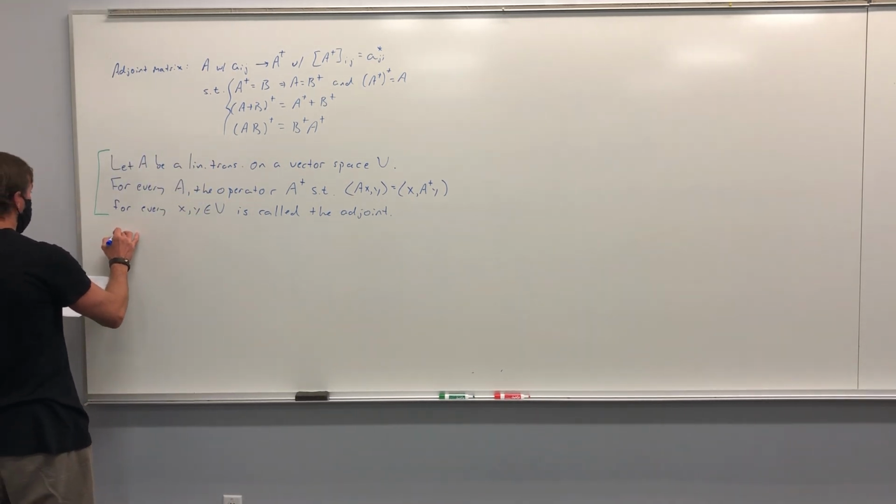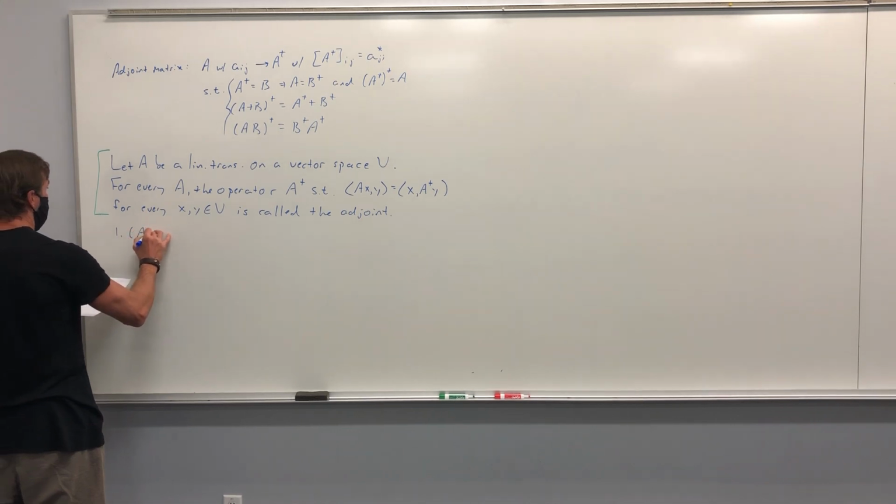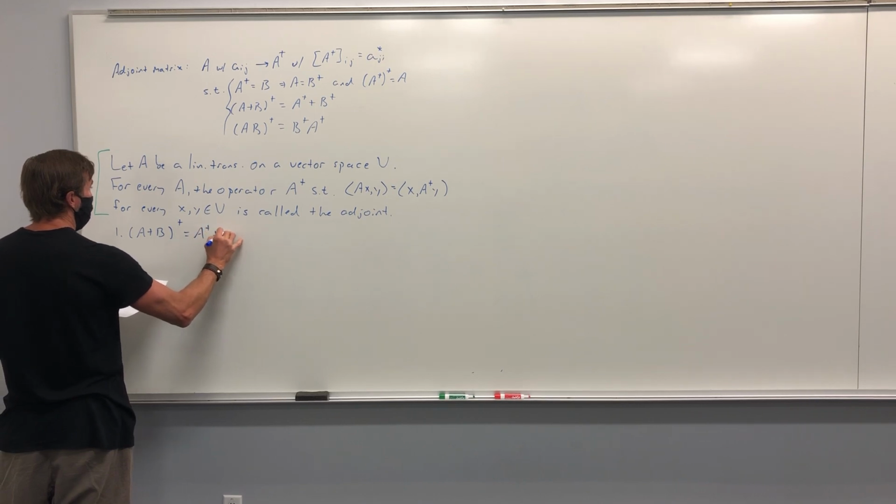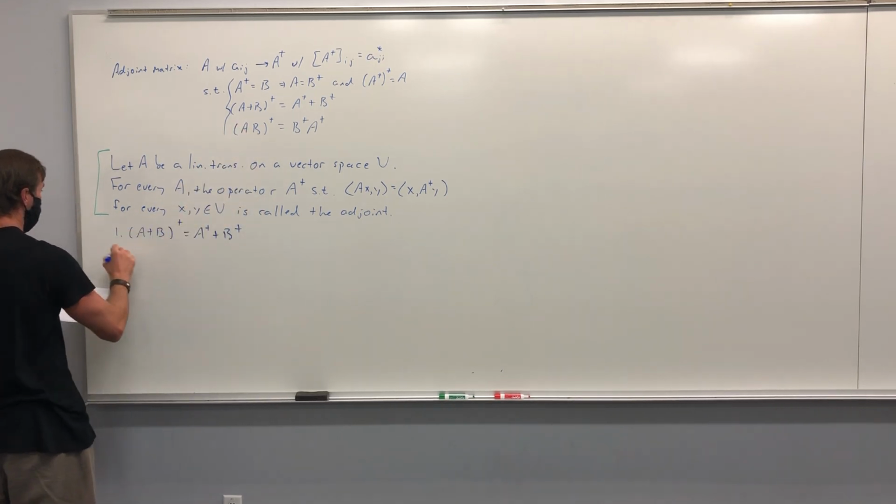So some more features which we find are (A plus B) dagger equals A dagger plus B dagger, and these are going to mirror those.